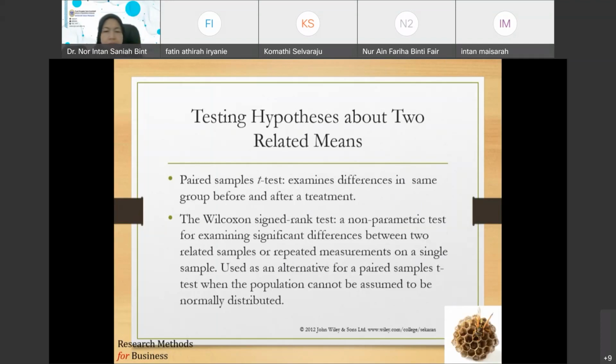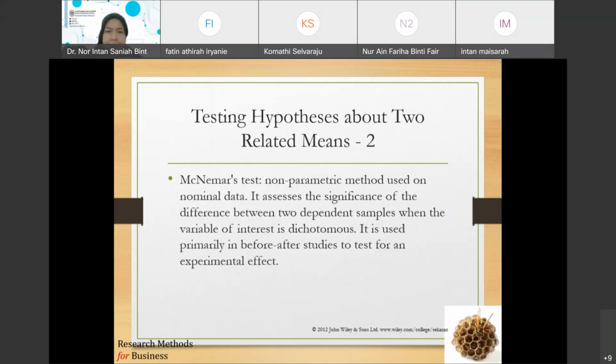The Wilcoxon signed-rank test is a non-parametric test, for examining a significant difference between two related samples or repeated measurements.